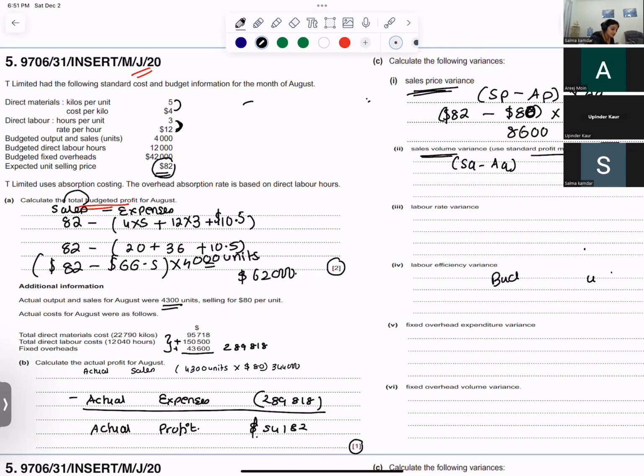No, profit per unit. Which profit per unit? Standard profit per unit, which would be 82 minus 66.5. So $15.5.